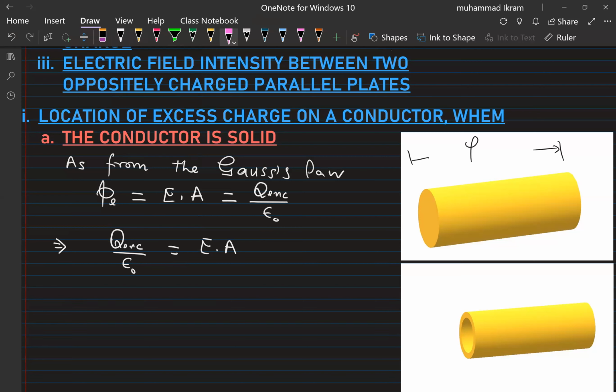Now look, if this is the end A of the conductor and this is the end B of the conductor, and I connect the conductor, we know the conductor contains free electrons. I would replace the equal number of free electrons with equal positive charge, because conventionally we consider the flow of current as the flow of positive charges.